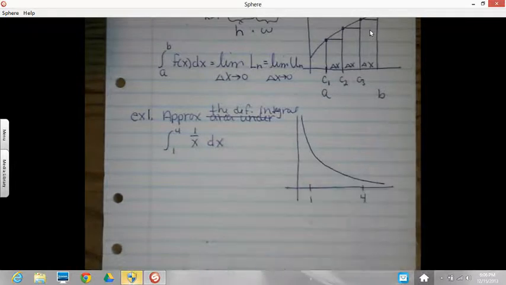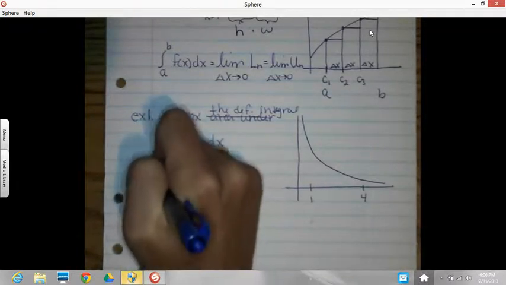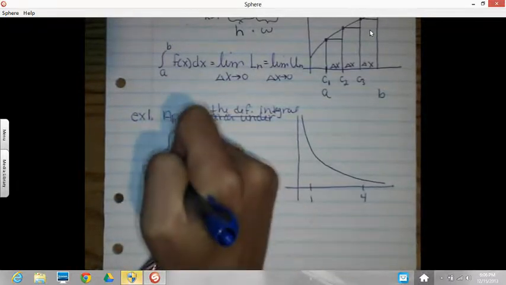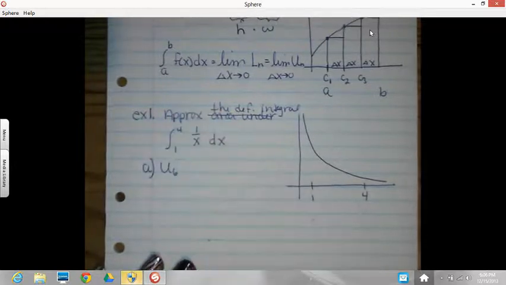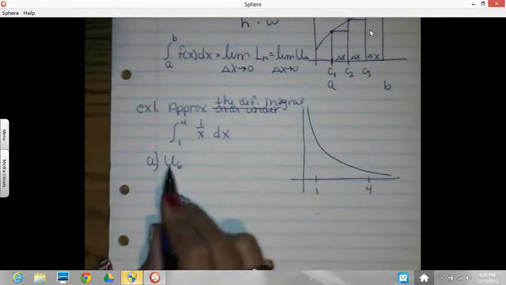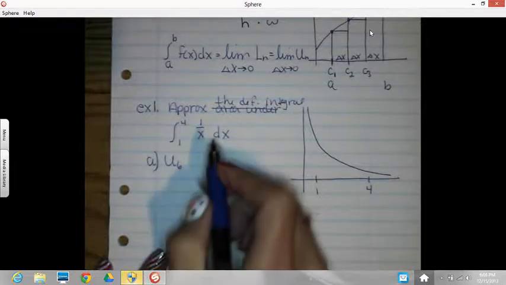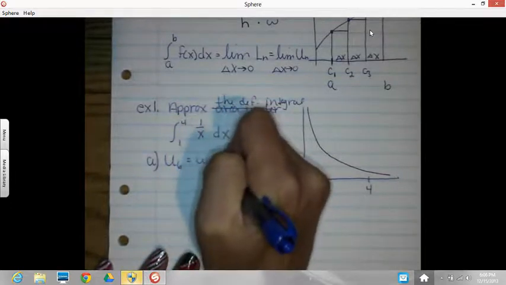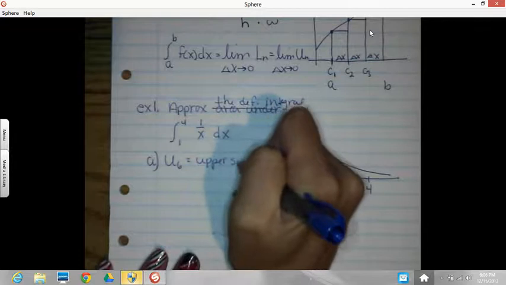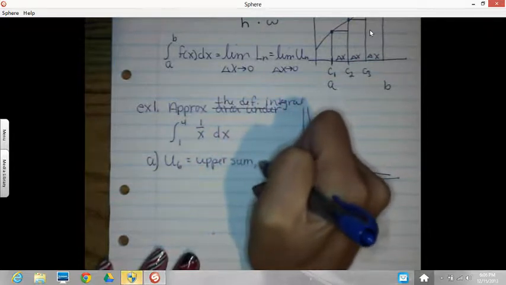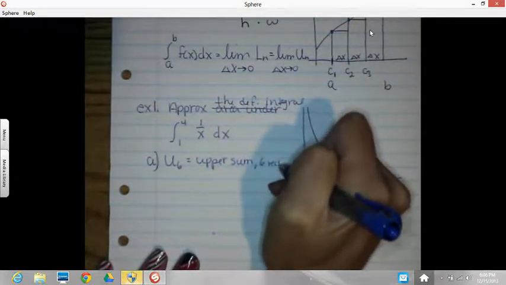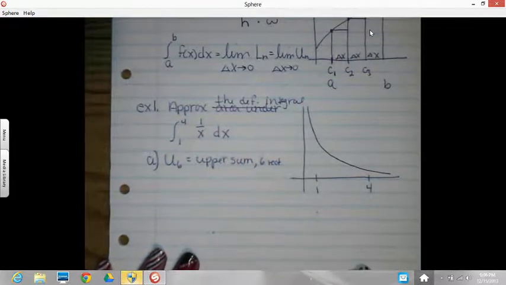Okay, the first one we're going to do is, let's go with a U6. This means we want to find an upper sum with 6 rectangles. So we're going to keep our work organized in a table.